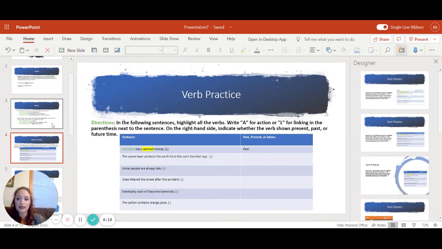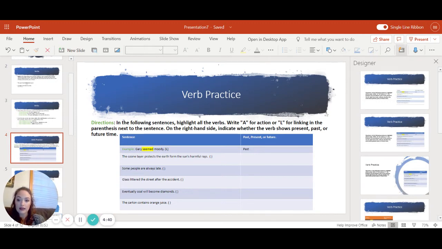We go back to our list, and it's a state of being, right? You can seem. So Gary did what? He seemed. So Gary is our noun, which we'll talk about in a second, our subject, and then seemed is our verb. And so I highlighted that yellow, and that is a linking verb because it doesn't show action. Okay, and it ended with ed, so that shows our past.